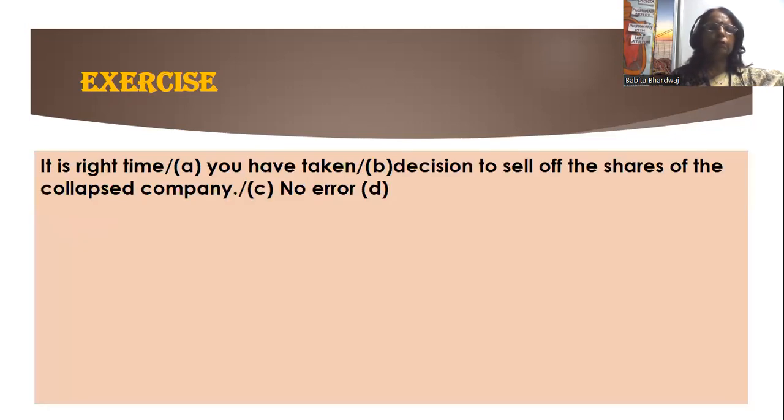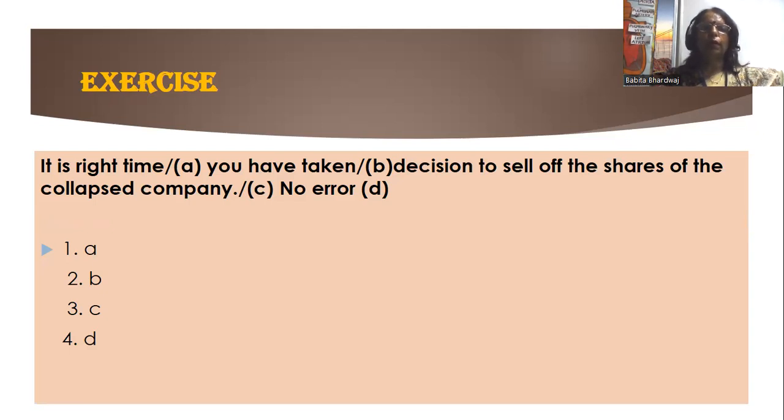Now coming to the next part, it is right time you have taken decision to sell off the shares of the collapsed company. So here you can see again with these options, in the second part of the sentence, it is right time you have taken decision to sell off the shares of the collapsed company. The correction is required in the second part of the sentence.